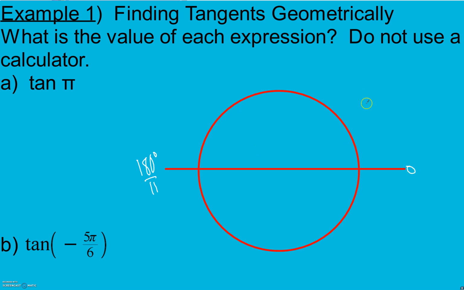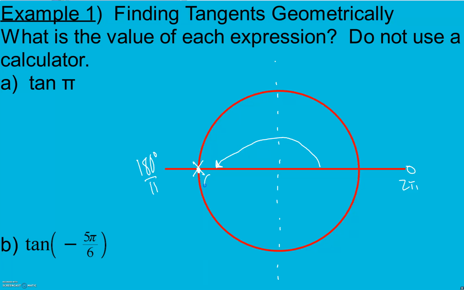0 also loops around to be 2 pi. So at pi, I'm going to draw an imaginary axis here. I'm looking for where our circle intersects at pi radians, which means I've gone all the way to here.